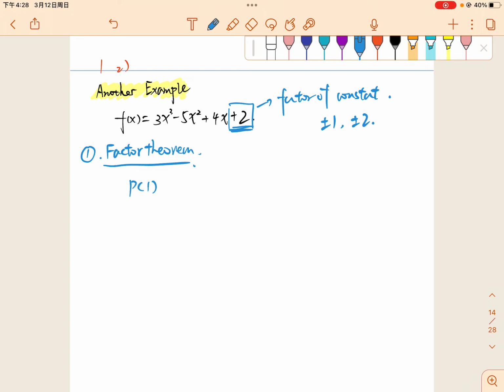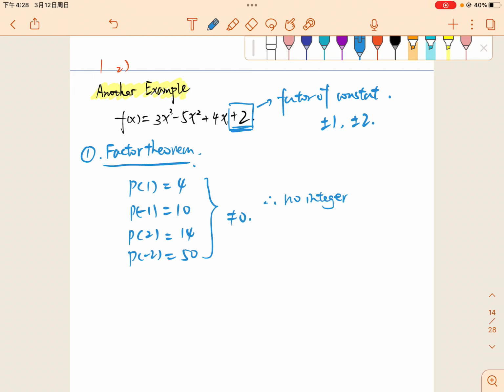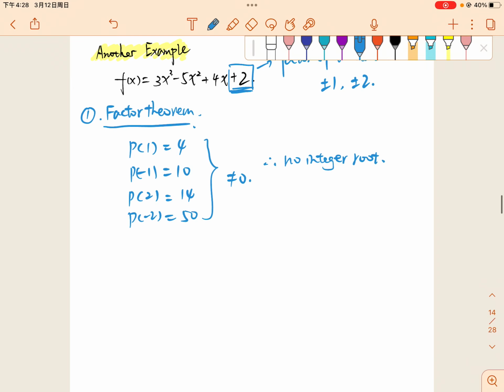So P(1), P(negative 1), P(2), P(negative 2). P(1) gives you 4, P(negative 1) gives you 10, P(2) gives you 14, P(negative 2) gives you 50. None of them equal 0, so there's no integer root. That's when we need to use our rational factor theorem.